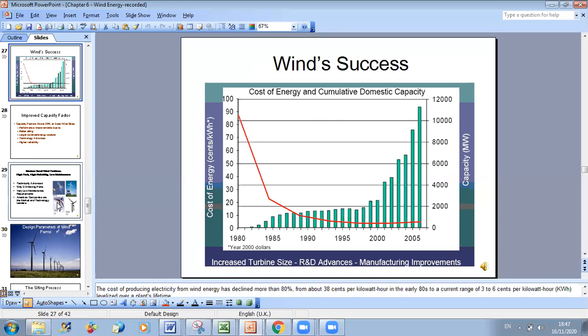So we will have a larger amount of capacity for wind turbines, and due to this we can reduce the cost per kilowatt hour, because when you have a business that is growing very fast, you can allow for reduced costs. From this graph, it is clear that the wind turbine sector is in continuous improvement, because we are able to reduce the cost of energy per kilowatt hour and at the same time increase the capacity.